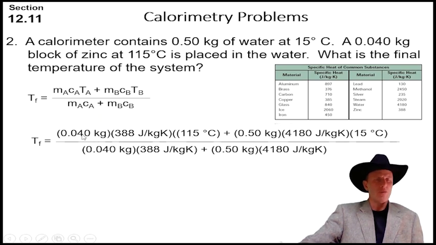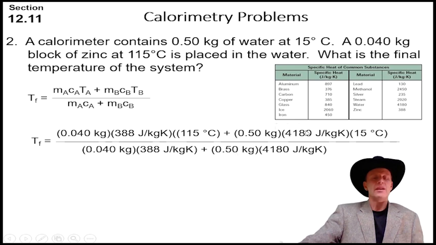The 0.040 and the 388, remember, just get copied down underneath the division bar. Plus, now everything on the right side of the plus deals with the water. So we've got the mass of the water, which is right here at the beginning, 0.50, times the specific heat of water coming from the table, 4180, and then times the beginning temperature of the water, which is 15.